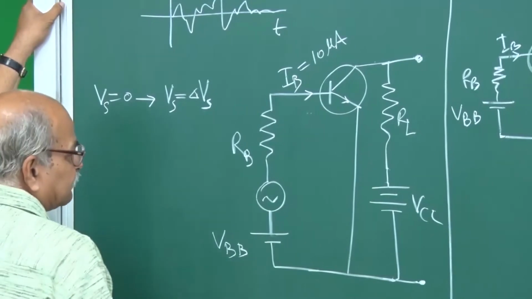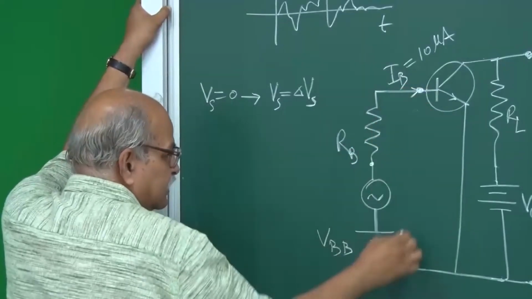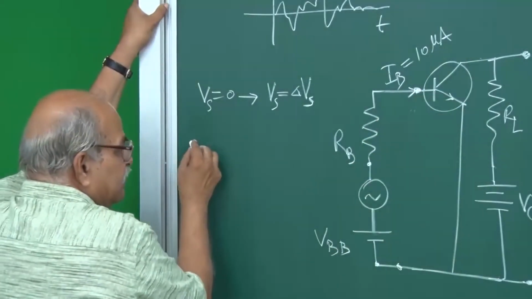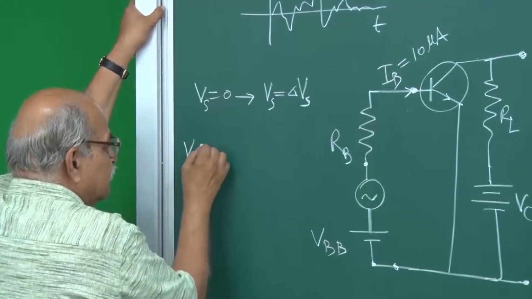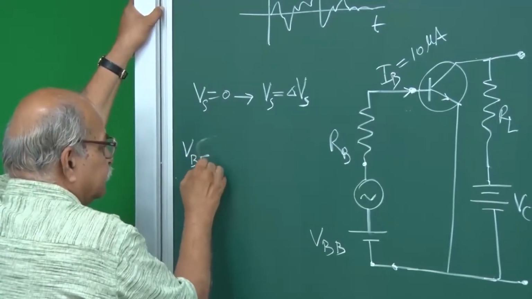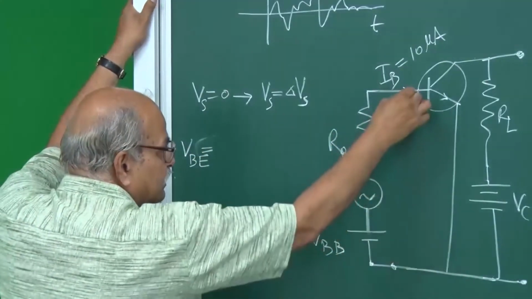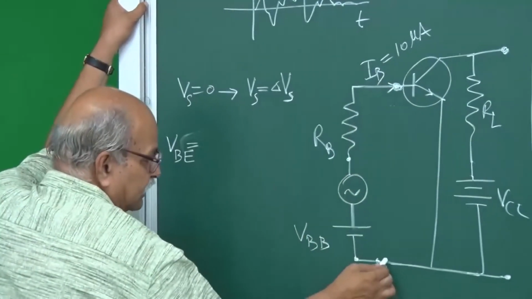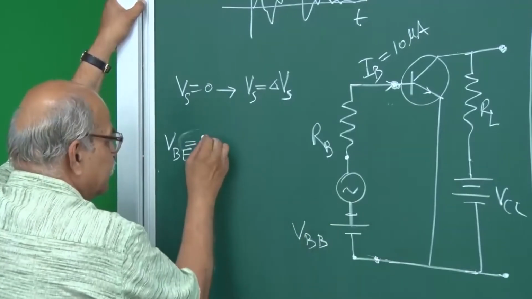And if you write the equation, what is from this point to this point? This is VBE. So let me write VBE equal to... I am trying to write VBE, this voltage. What is this voltage? Here this is 0, so here it is VBB.